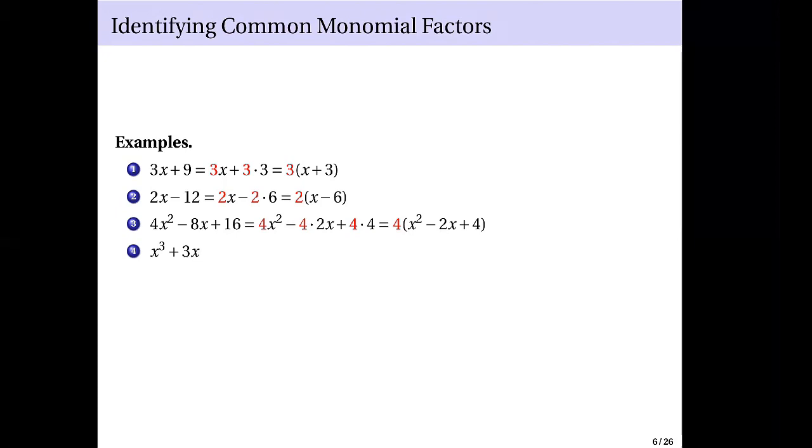And therefore, x is a common factor. x cubed can be written as x times x squared. And then you have here plus 3x. So you have the x here. And therefore, you can factor out that x. And you can write this as x times x squared plus 3.